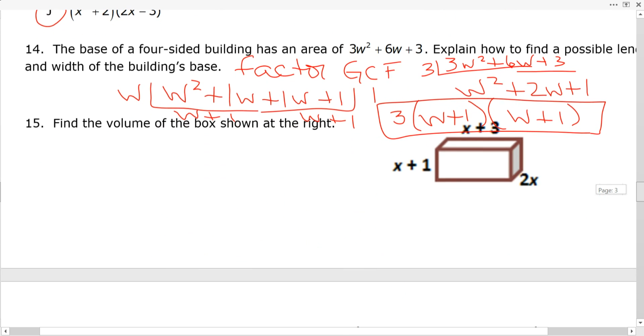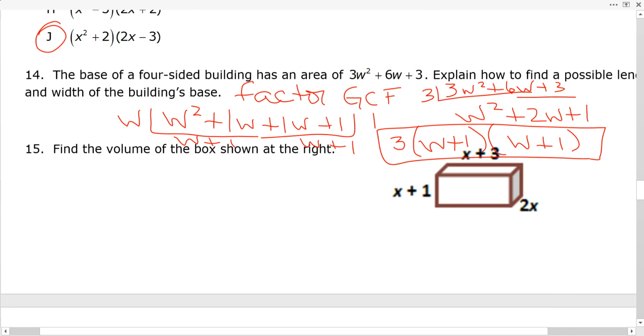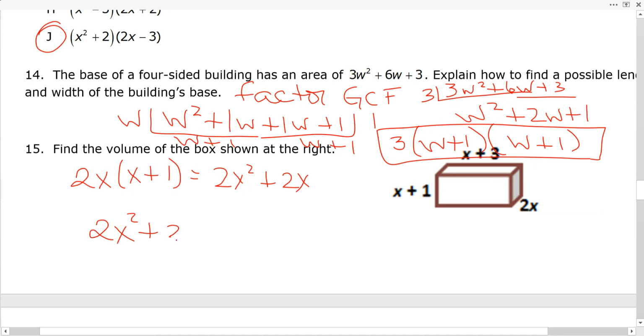To do the volume of the box, I'm going to multiply my 2x times x plus 1, and I'm going to get 2x squared plus 2x. I'm going to multiply that times x plus 3. So I have double distributing.